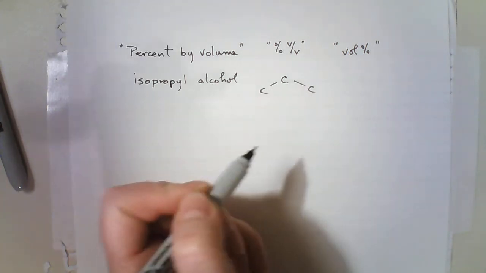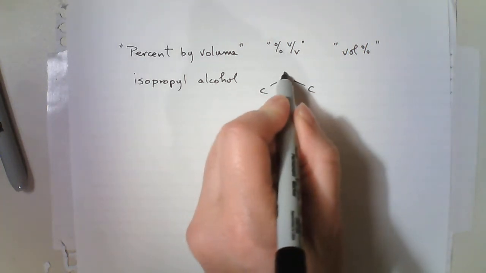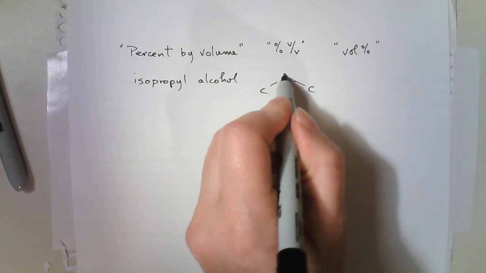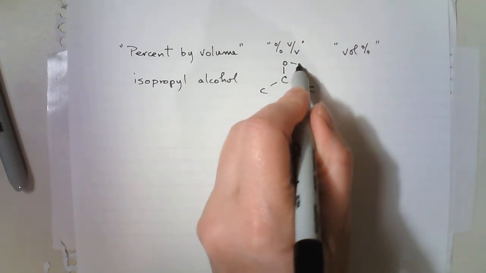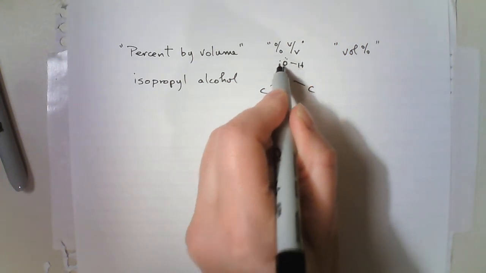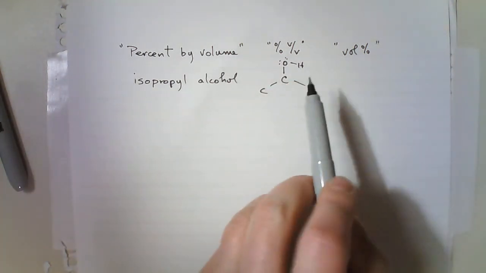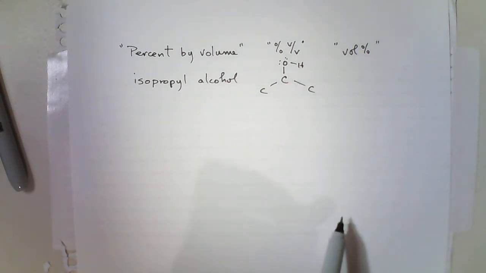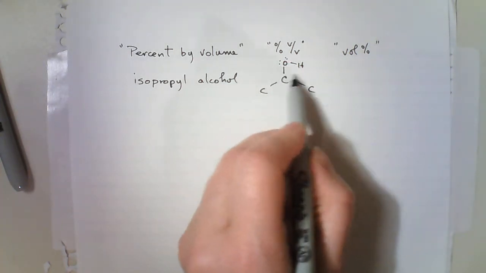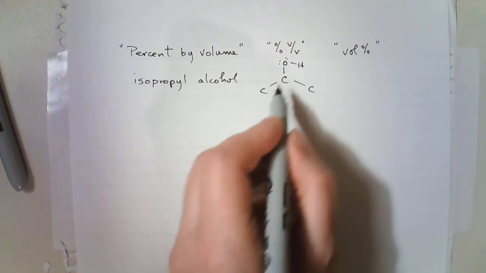It's got 3 carbons, and it has an OH like this. So actually this part, if I cover that part, looks like almost a water molecule. So that's the part that likes the water and why it dissolves in water.